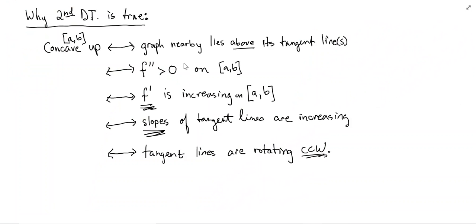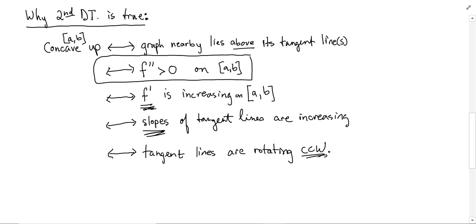So to understand why the second derivative test is true, to come back and zero in on this information, the second derivative being positive corresponds to the graph of the function being concave up. And if you have a critical number, let's think about what the second derivative test tells us. We have x equals c is a critical number.